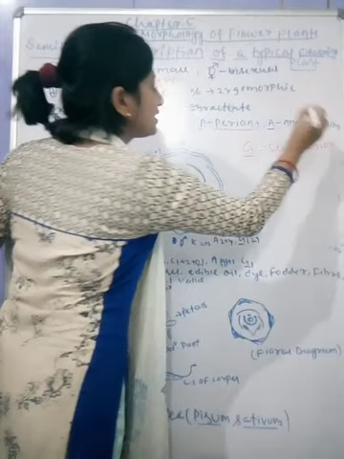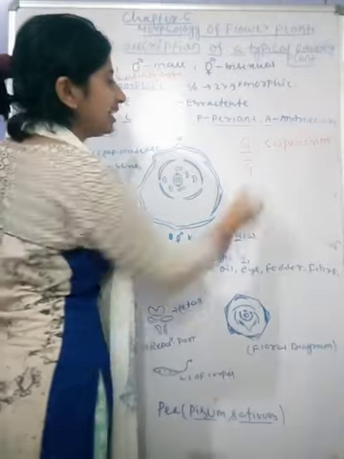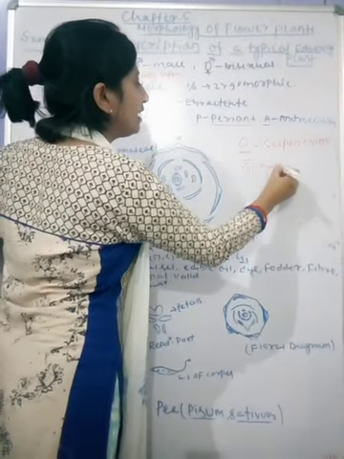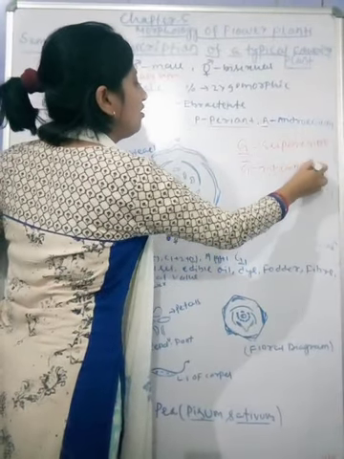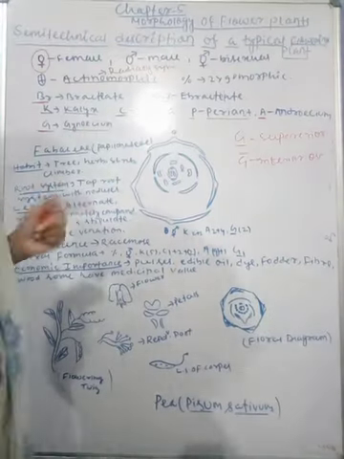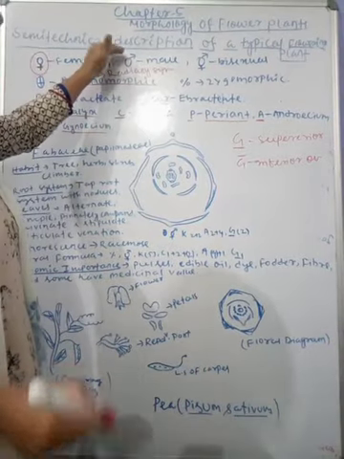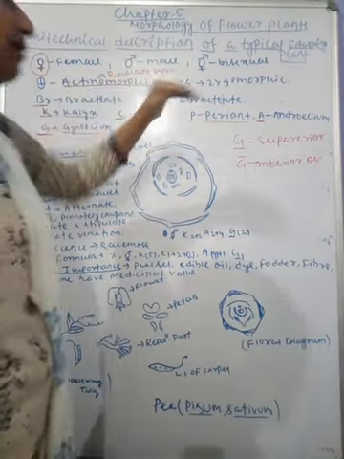You already studied this. If the line is above G, then it is an inferior ovary. If no line is present, then the ovary is in the center. So this is the semi-technical description of a typical flowering plant.